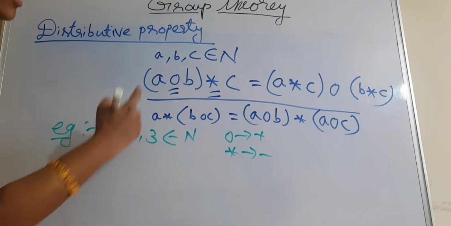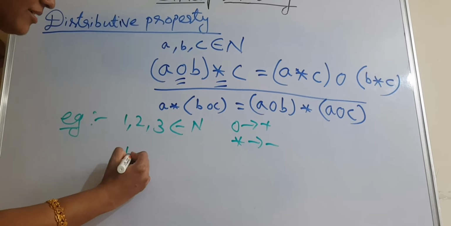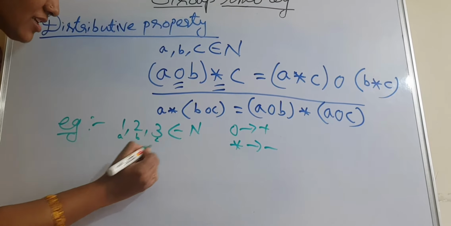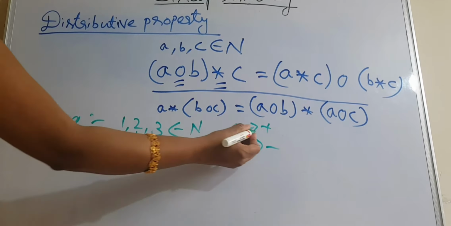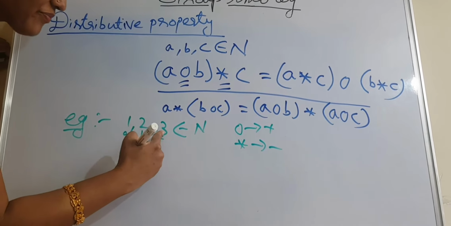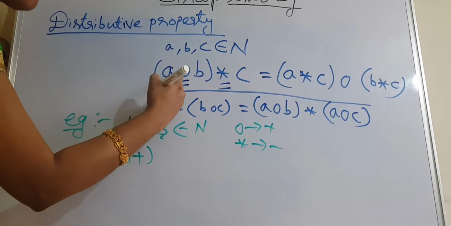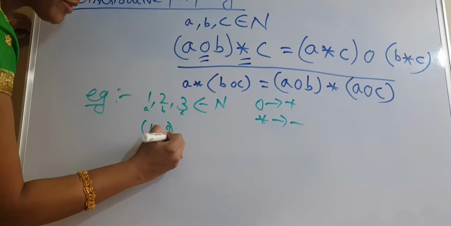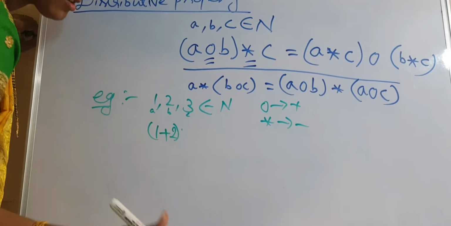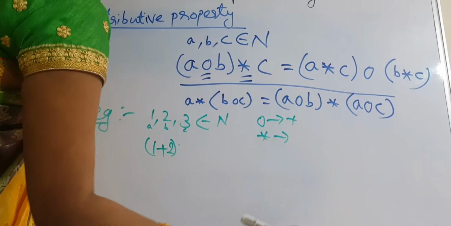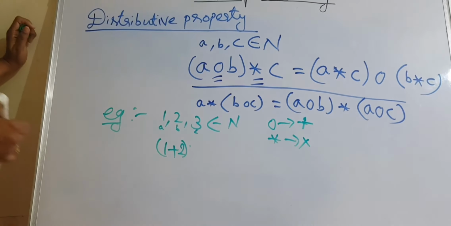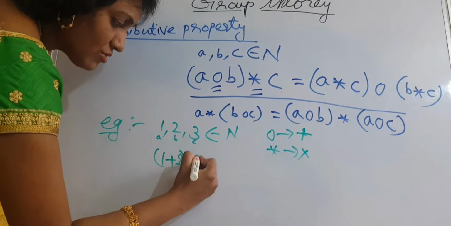Here A circle B means 1 plus 2, and then into 3.